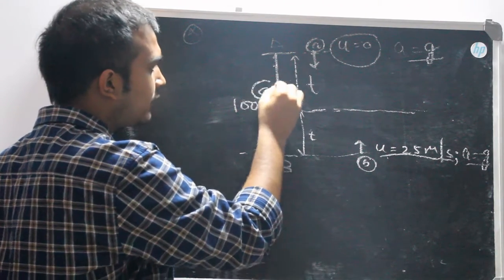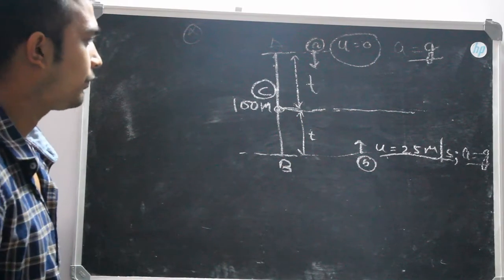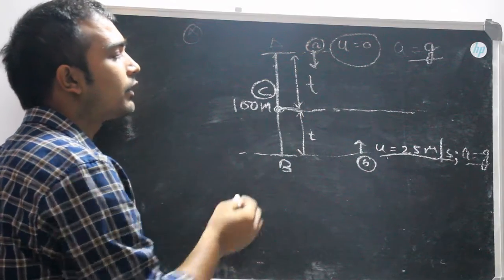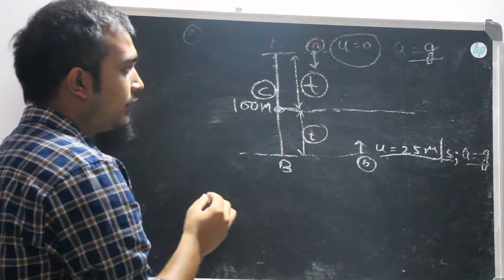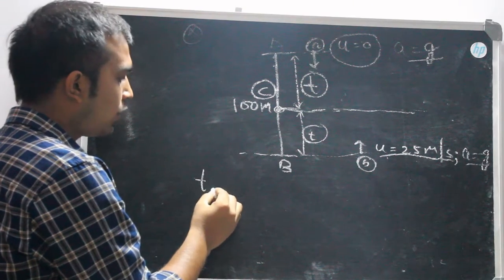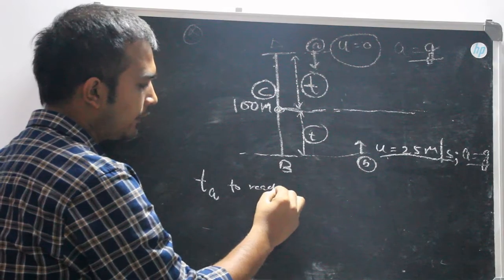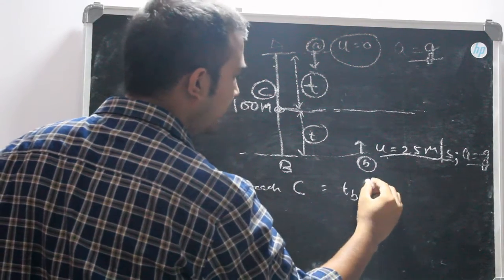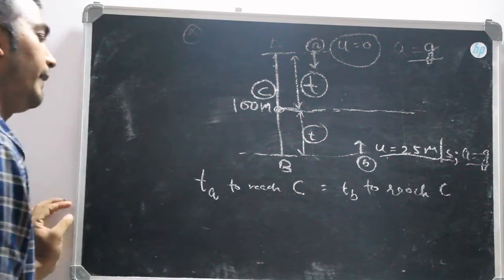Say this is point C. So we are interested to find point C. Now the constant thing is t. So time taken by ball A to reach C is going to be equal to time taken by ball B to reach the same point C.